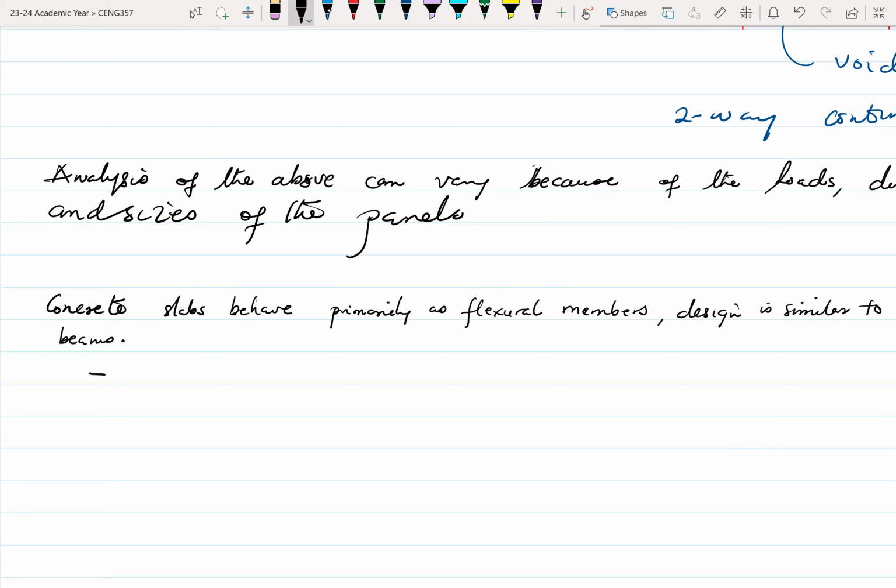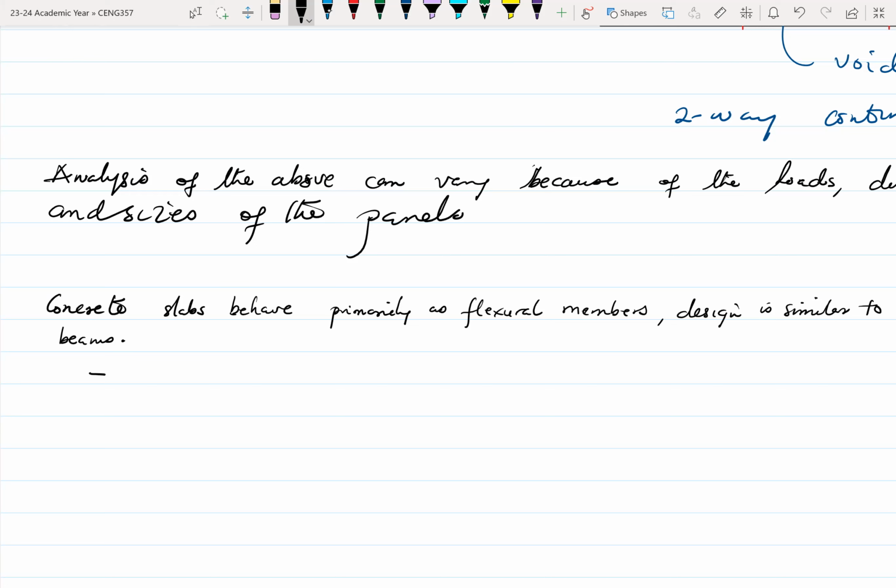The key thing about slabs is that their breadth or their width is usually very large, right? With beams, their width is like 300 millimeters, 250 millimeters, worst case scenario 400 millimeters, and stuff like that. With a slab, the width can go as far as 3 meters, 4 meters, 5 meters.